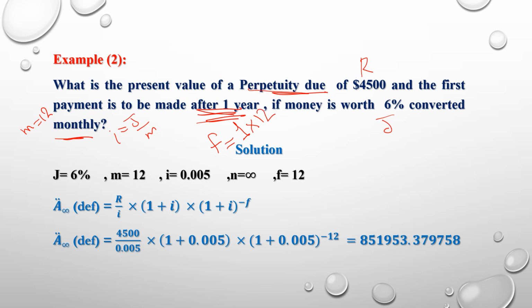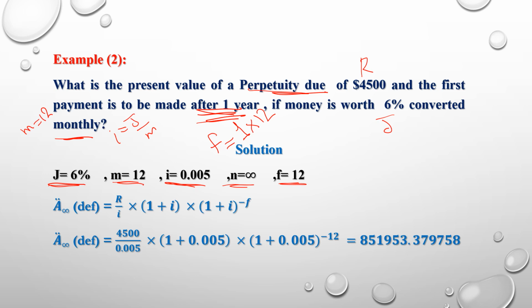So again, from this example, J equals 6%, M equals 12, I equals J over M, and N is infinity as it's a perpetuity, and F equals 12, which is 1 year of deferment times 12 as it's converted monthly.